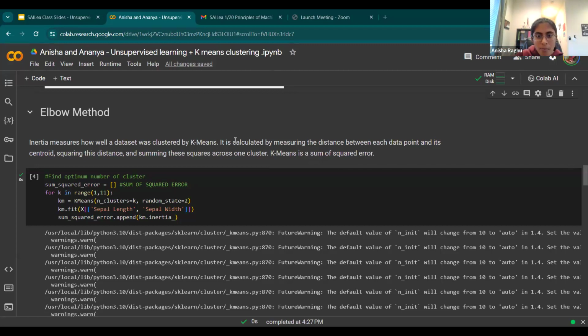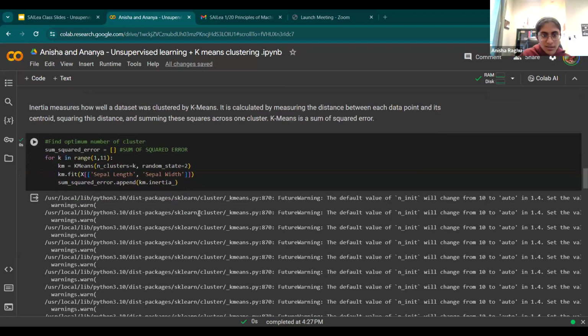So the inertia is calculated by measuring the distance between each data point and its centroid, as we mentioned in our slide, squaring this distance and summing these squares across one cluster. So in this code block, that's exactly what we're doing.